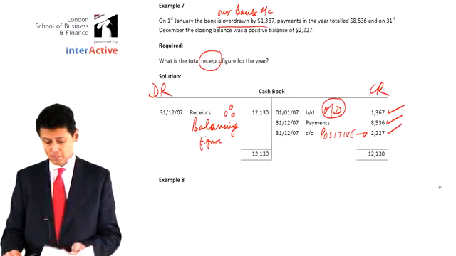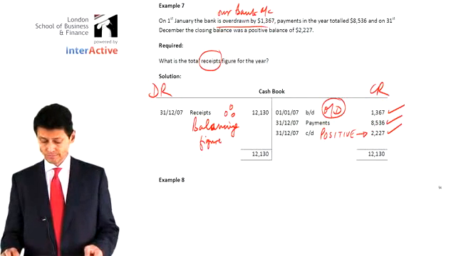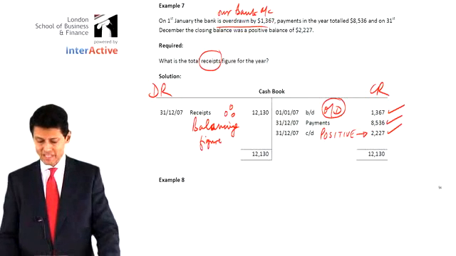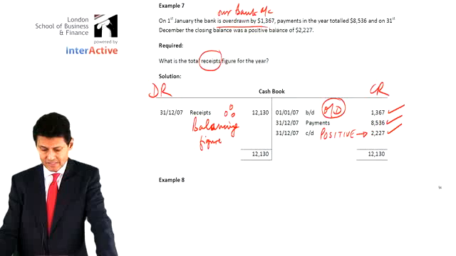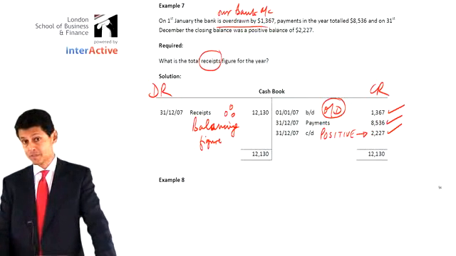The explanation, I suppose, we started overdrawn 1367, we spent 8536, and we have a closing balance left of 2227.